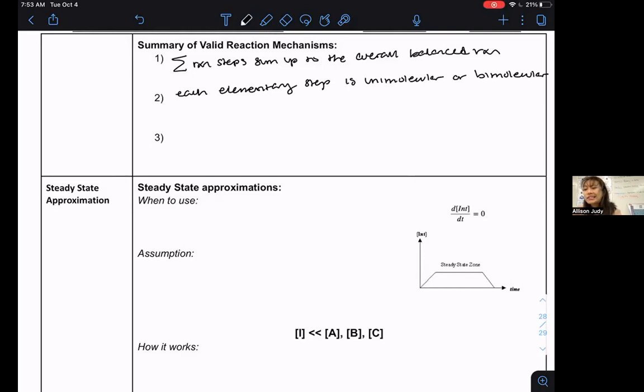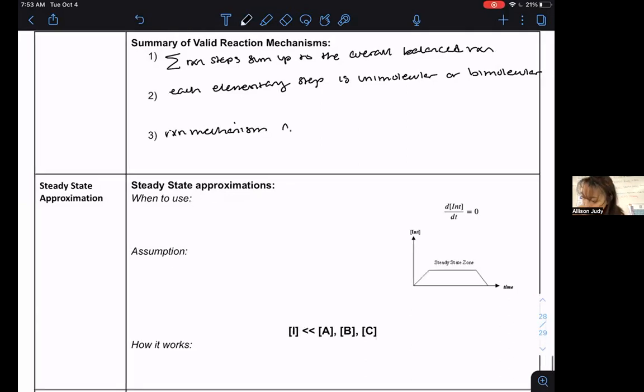You can technically have a termolecular step, but it kind of defeats the whole purpose of simplifying your reaction to increase the rate of probable successful collision. It happens every once in a while for super weird, complicated reactions, very rarely. And then of course the reaction mechanism aligns with or confirms the rate law.